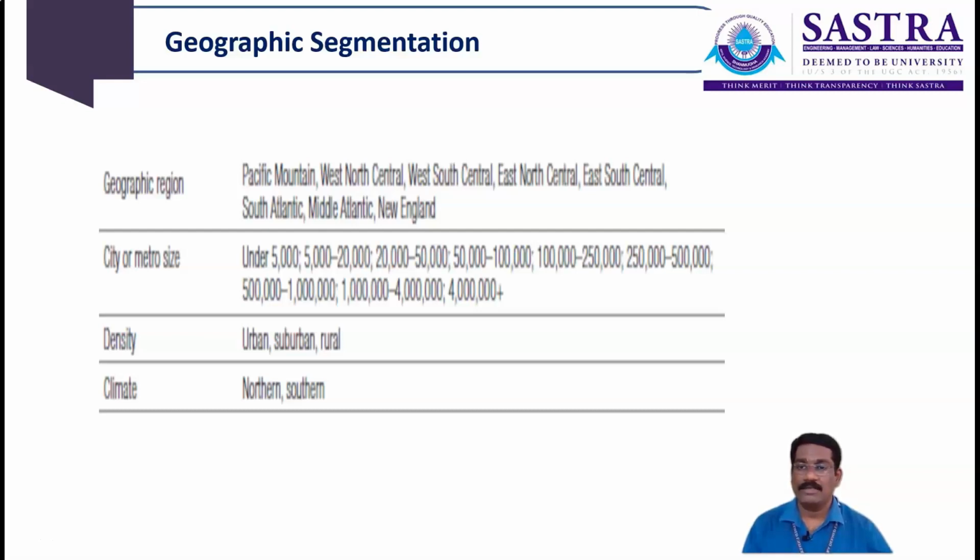The company marketers use one variable, city or metro size, in segmenting that particular market. Next one, based on the density of a particular region, they classify it into urban, suburban, and rural.